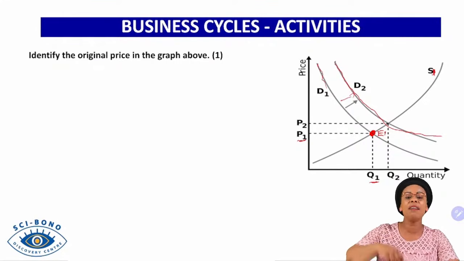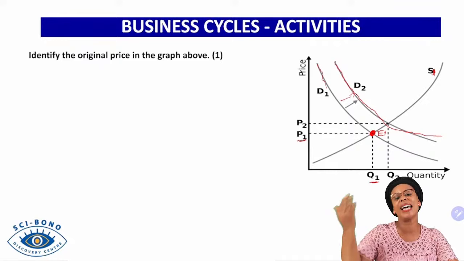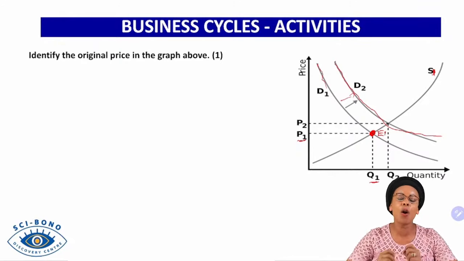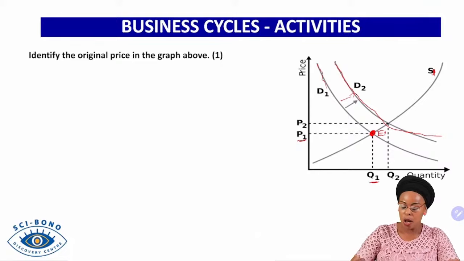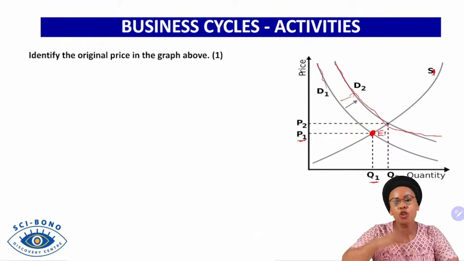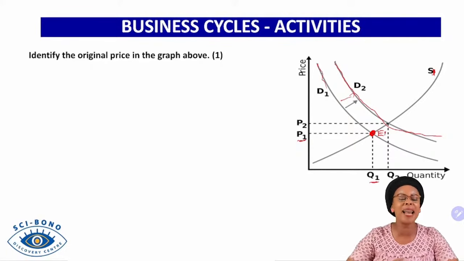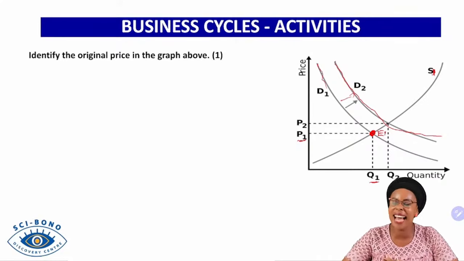Always remember, if the demand curve shifts to the right, it means that quantity demanded has increased. As it is moving to the right, can you see that supply does not change? Supply does not shift. We still have the original supply curve, which is S1.